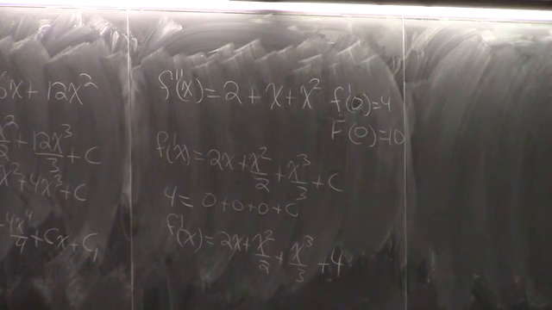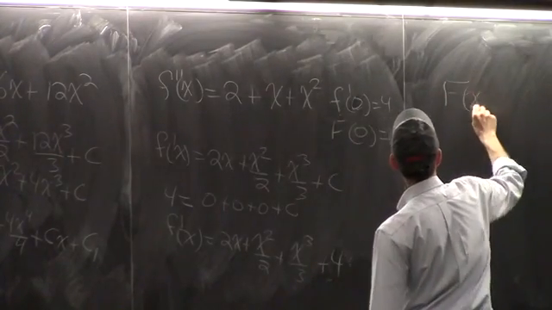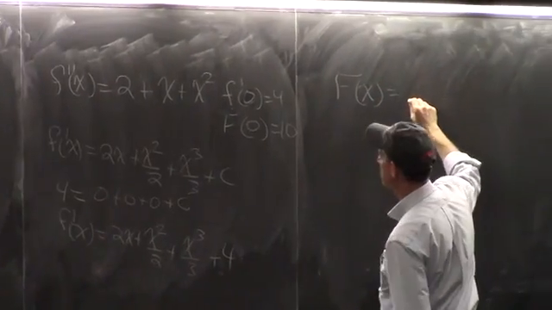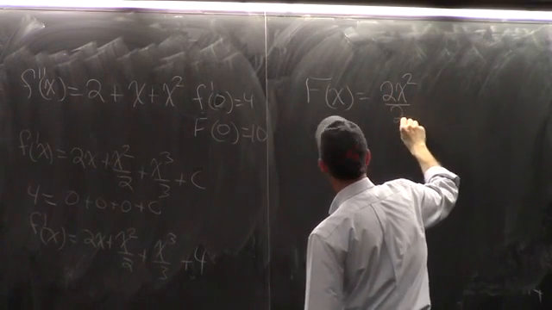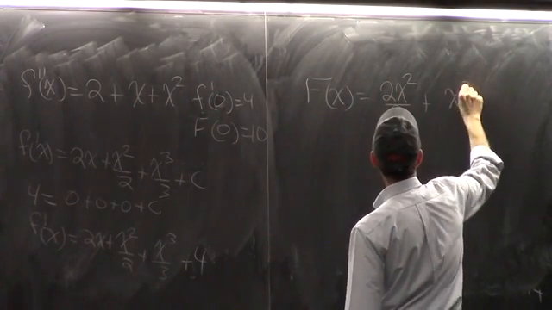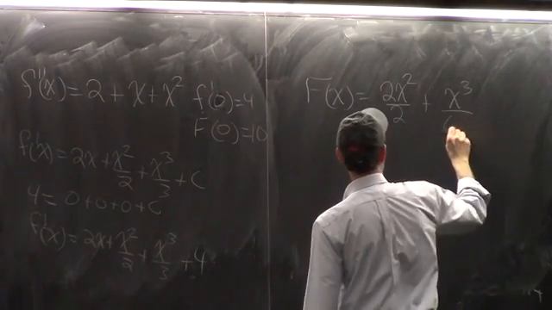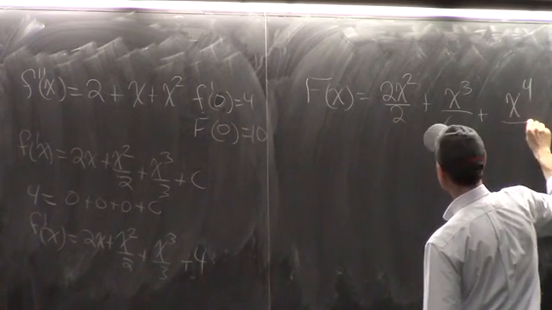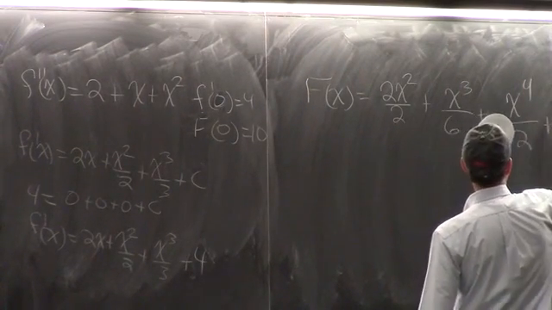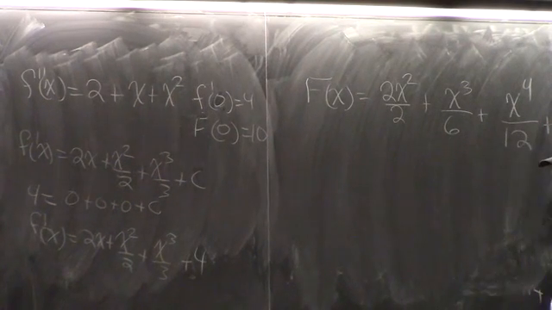And now I have to find the original function. So that's going to be 2x squared over 2 plus x cubed over 3 times 2, which is 6, plus x to the 4th over 3 times 4, which is 12, plus 4x, plus c, or I'll call it c1, but you can call it c again.